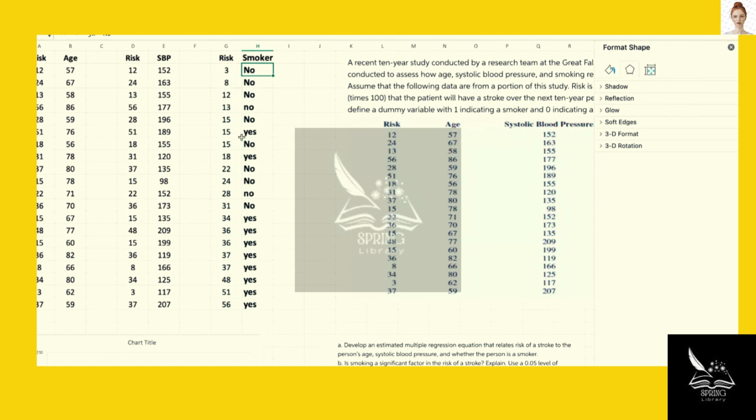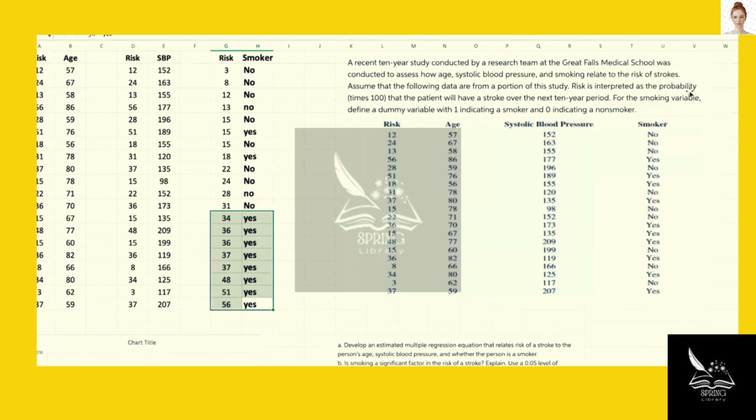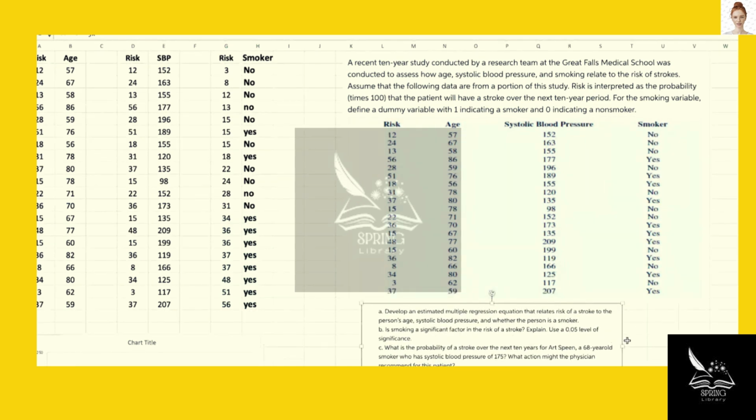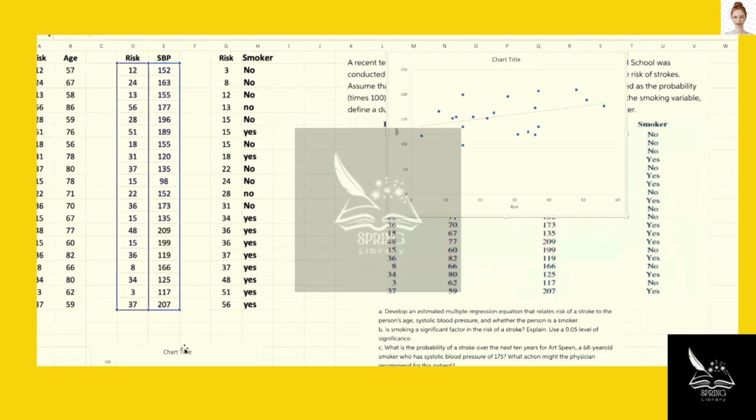So if we take a look at this, all these yeses, which are higher risk, and then in here we have the no's. Okay, so I would say that smoking is a significant risk of a stroke. So I hope that this video helps and that these graphs helped.